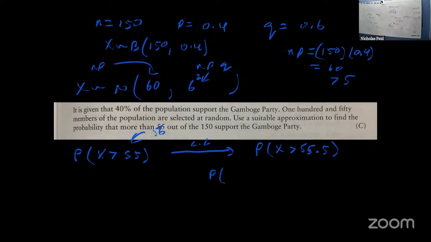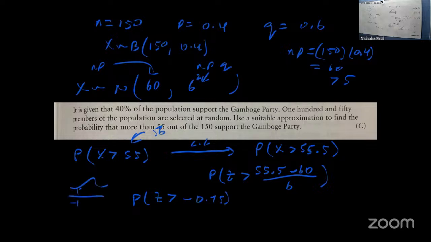So now you'll get the probability of z is more than 55.5 minus the mean all over the standard deviation. So you'll get the probability of z is more than, I think that's minus 0.75. Remember it's a more than and it's a minus, so when it's a more than and a minus, it's the same as phi of 0.75. Go to the tables, tell me what is phi of 0.75?